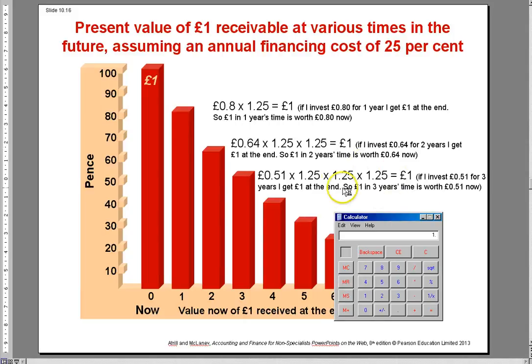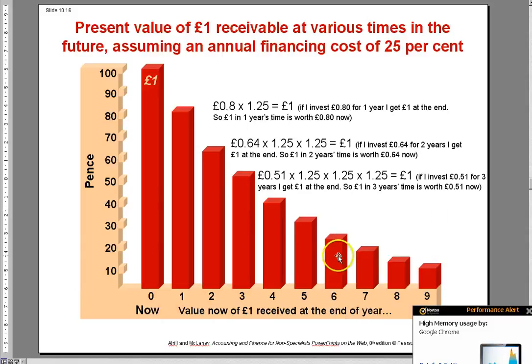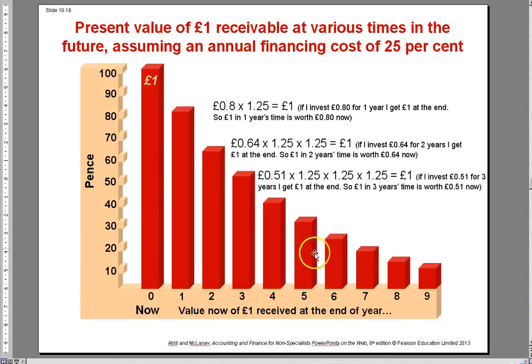And so it goes on. So 51 pence is the present value of £1 in 3 years' time. And as we were saying, as we go into the future, so the present value of £1 falls and falls.